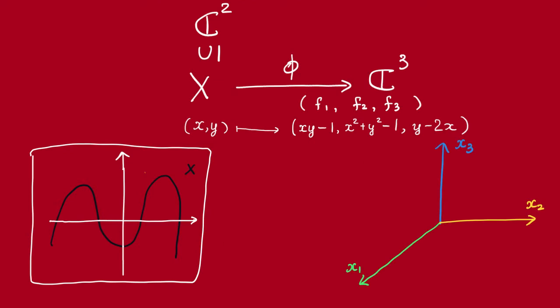To build some intuition for this, let's look at a concrete example of the case of a map to the affine space instead of projective space. And here, for convenience, I will assume that X is affine and lies inside the plane, but that's not really necessary. So let phi be a map from X to the affine space given by the functions f1, f2, f3, which are actually holomorphic functions.